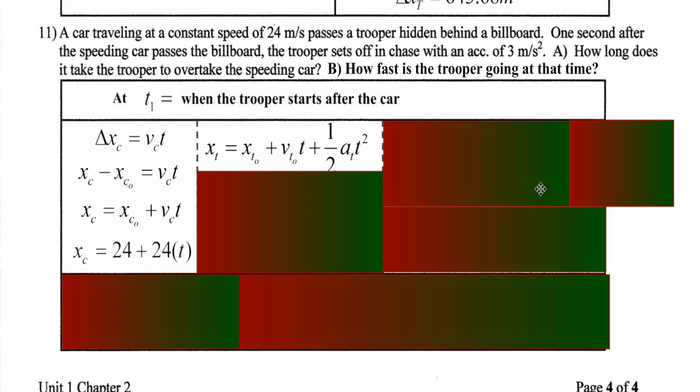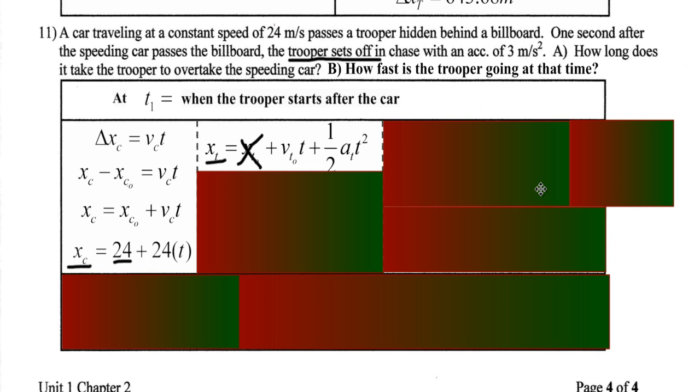Well, the police officer, the trooper, if we want these to be the same, we want this trooper to catch up to this car. So their final positions, if we make where the trooper sets off as the origin, this guy is 24 meters ahead of the trooper, or at a position of 24 meters. This guy is at the origin.